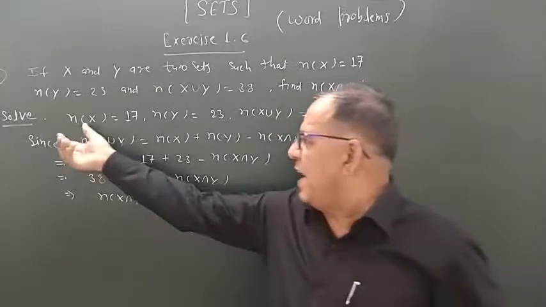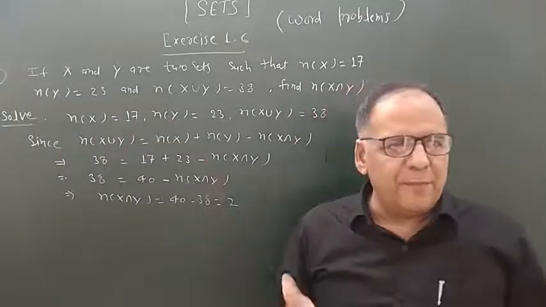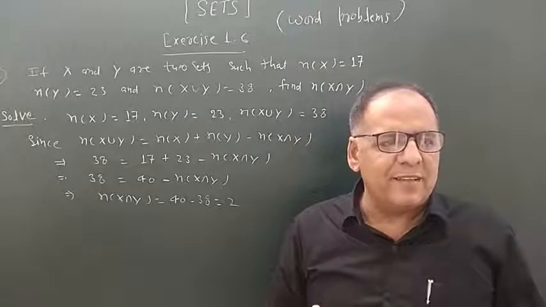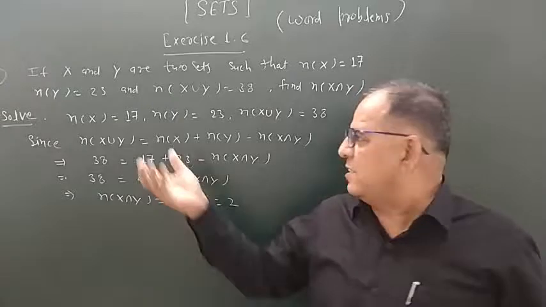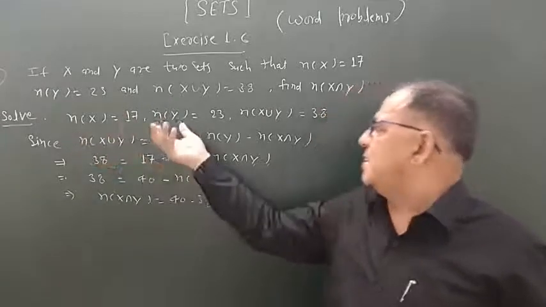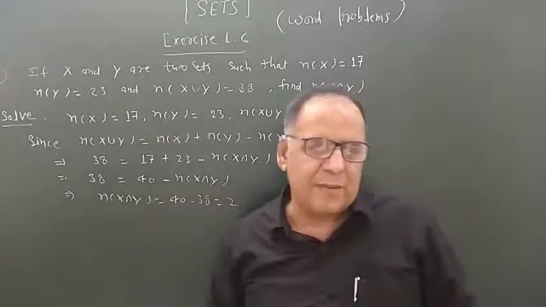So here n(X) shows the number of elements having the property of X, and n(Y) those having the property of Y. Suppose I give an example.